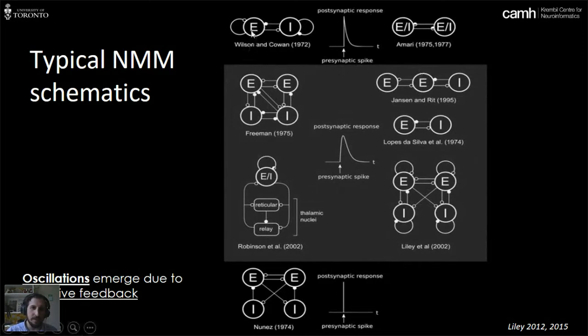So one of the classic ones, right at the top here, is the Wilson-Cowan. By the way, in this figure these are also grouped by the type of the postsynaptic response. That's a little more detail than we need to get into here, but it does follow on from the response functions that I was showing you on the previous slide.